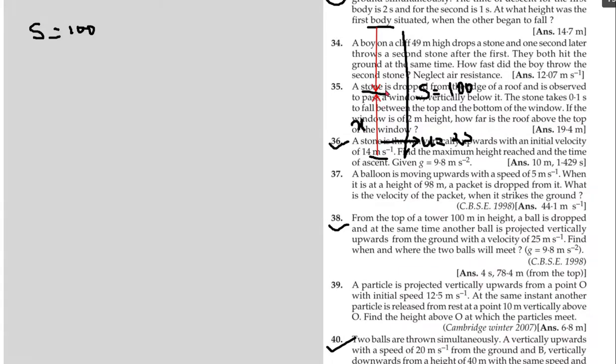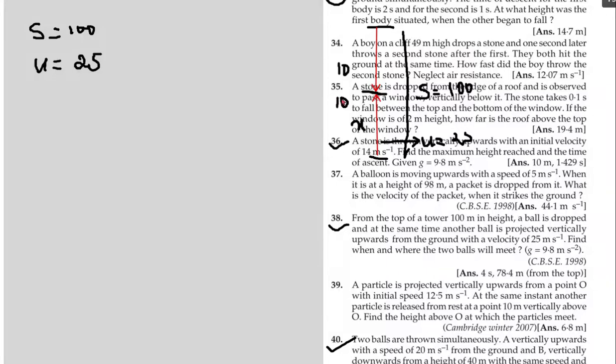For the ground, u is 25 meter per second. If the first ball takes 10 seconds to reach this point, obviously the second ball from the ground will also take 10 seconds.